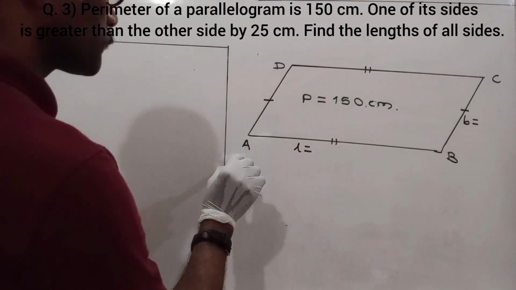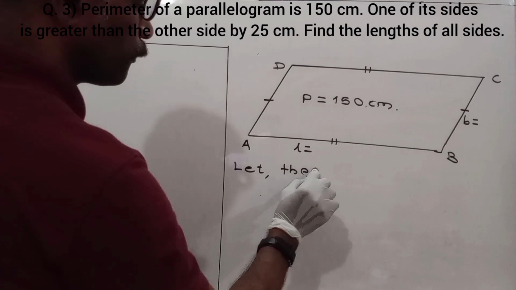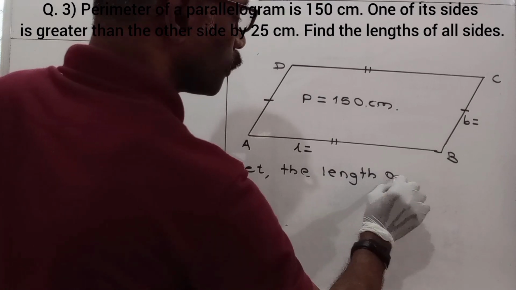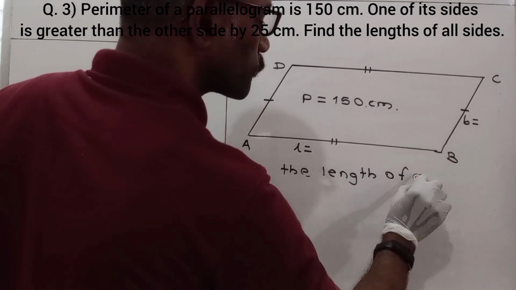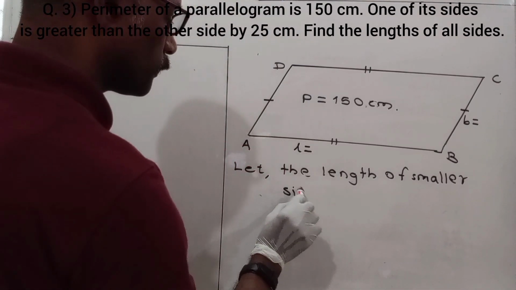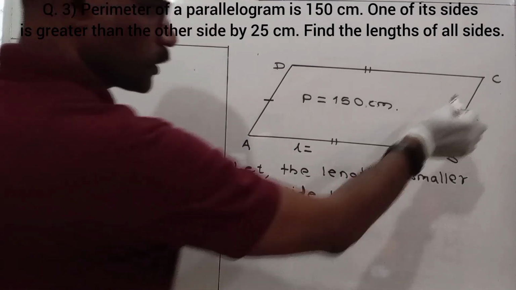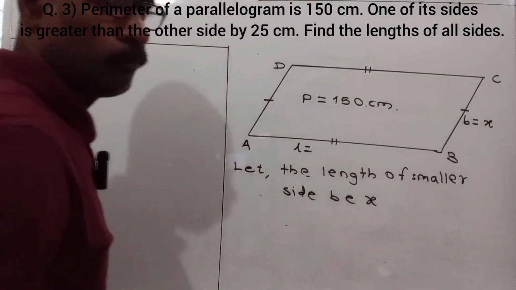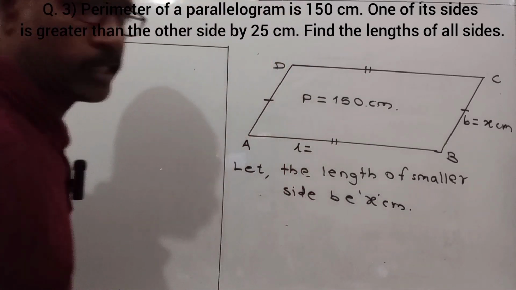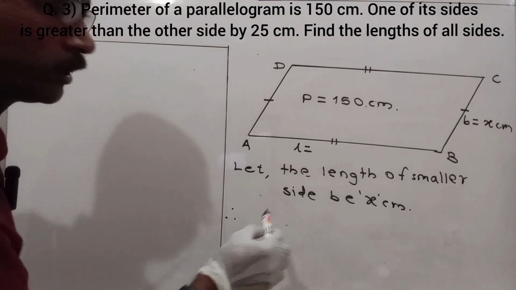Therefore we write here, see this, let the length of smaller side be x centimeter. This is smaller. Therefore, here smaller, then we write greater or bigger.